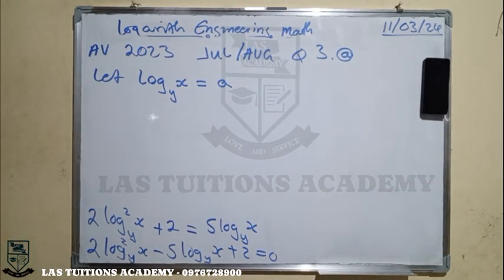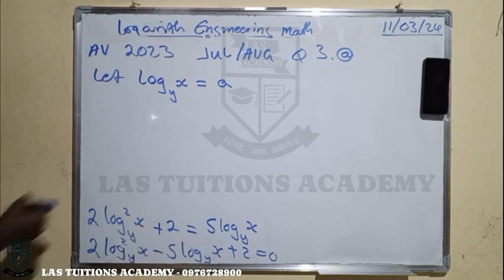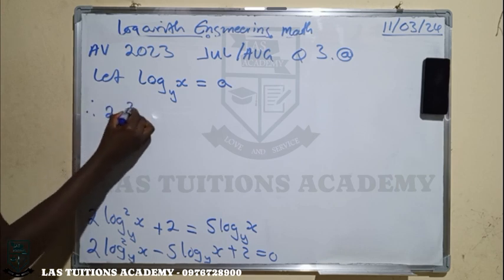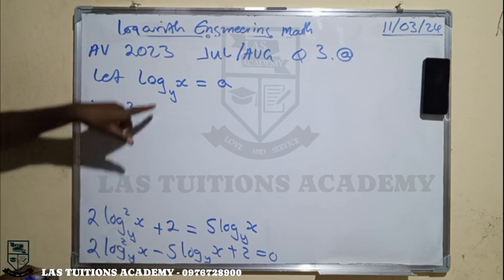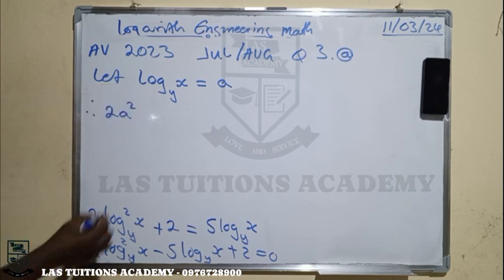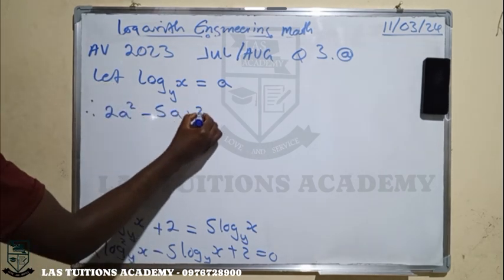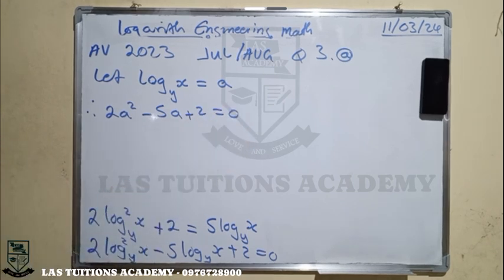So now here it will be a squared, and here it will be a. Therefore we have 2a squared, because this log now is a, minus 5a plus 2 is equal to 0, which is a quadratic equation with the variable a.